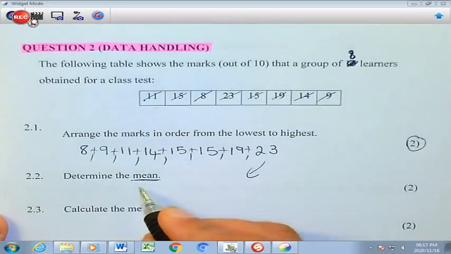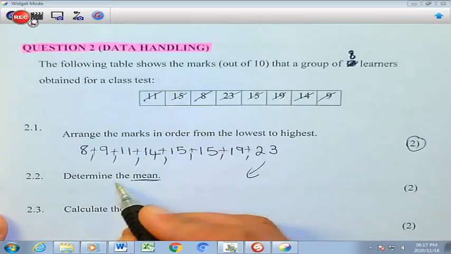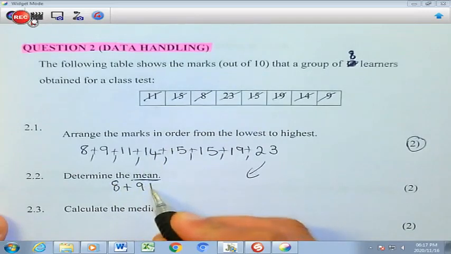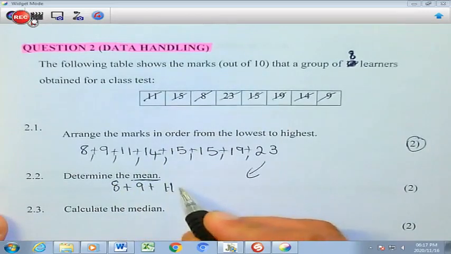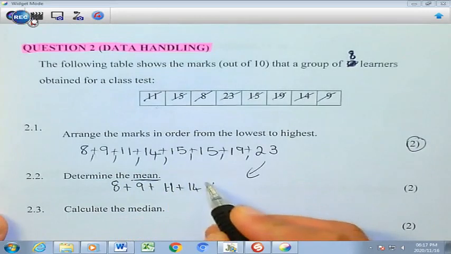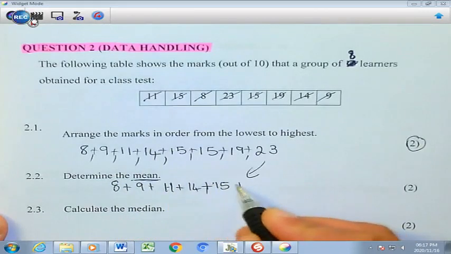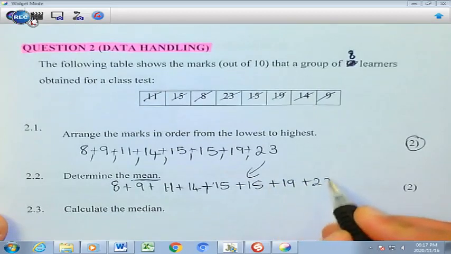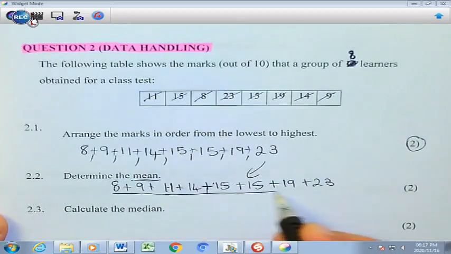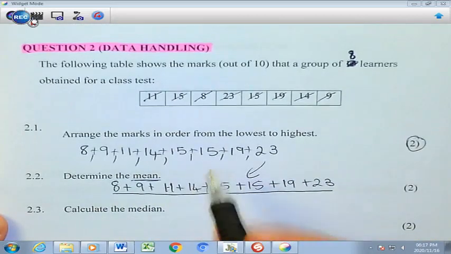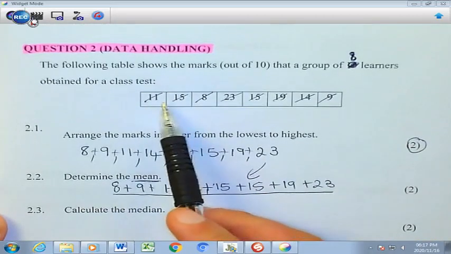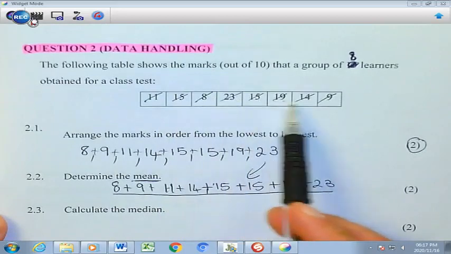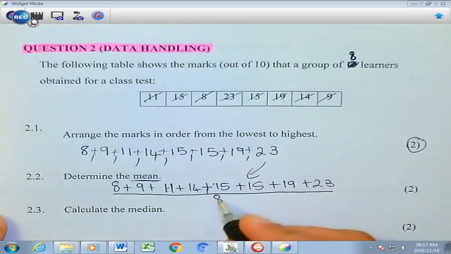And you need to write it out like that, over the amount of scores, 1, 2, 3, 4, 5, 6, 7, 8, over 8.